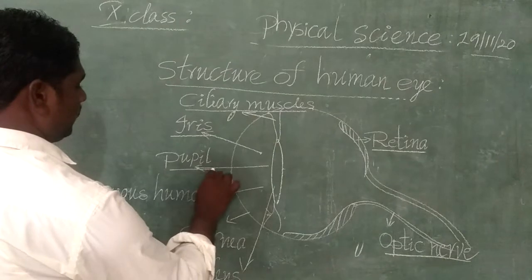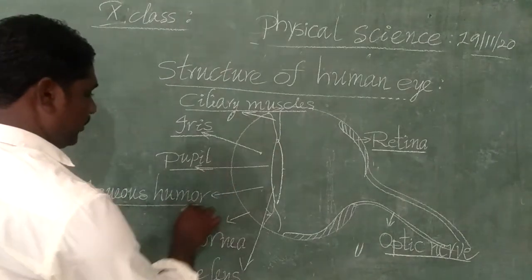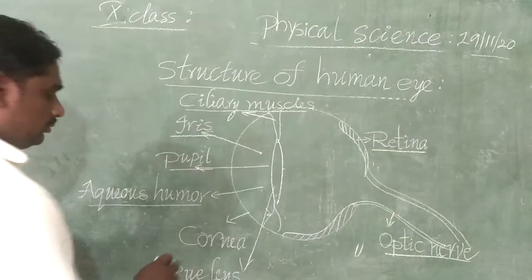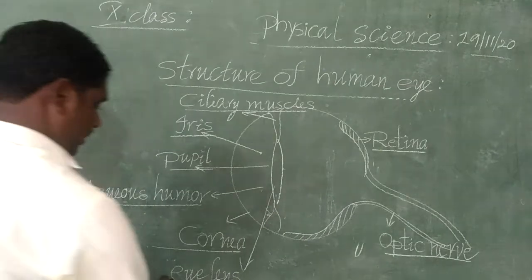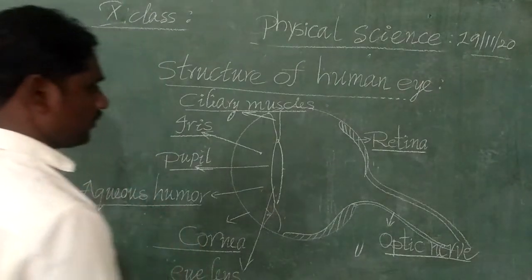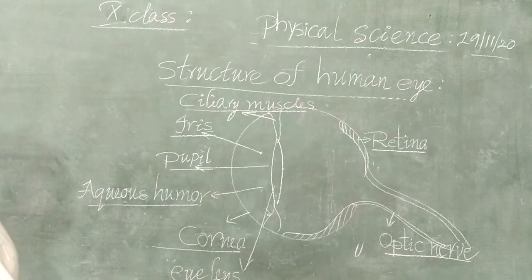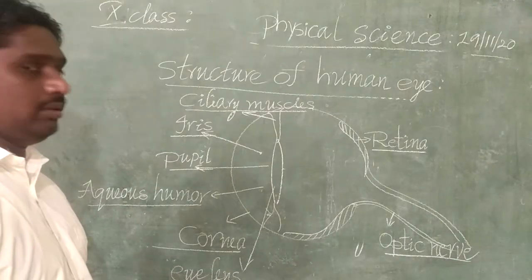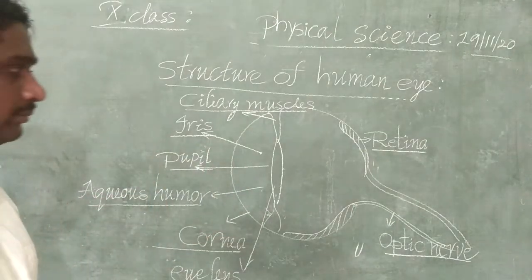Next, the pupil. Next, the aqueous humor. Next, the cornea. Next, the eye lens. These are the various components in the structure of the human eye.